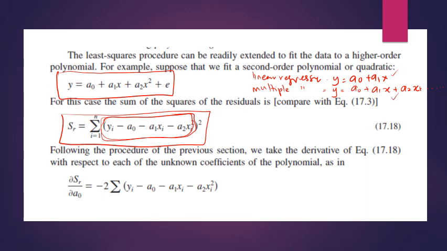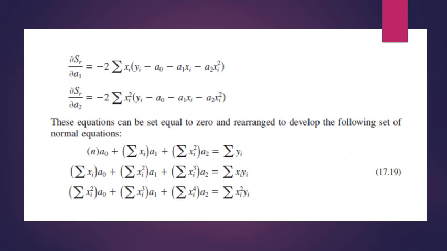Then following the procedure of the previous derivation, you derive with respect to each unknown, starting with a0, and then a1 and a2.